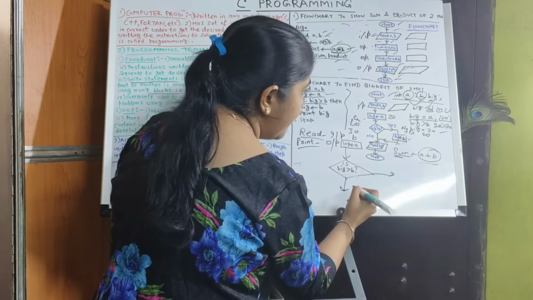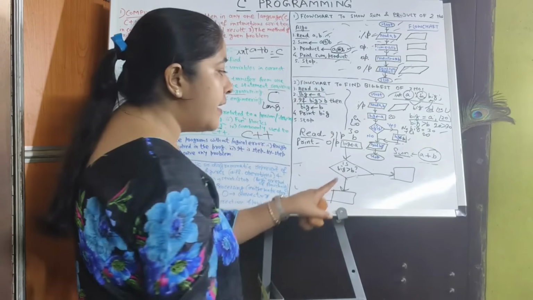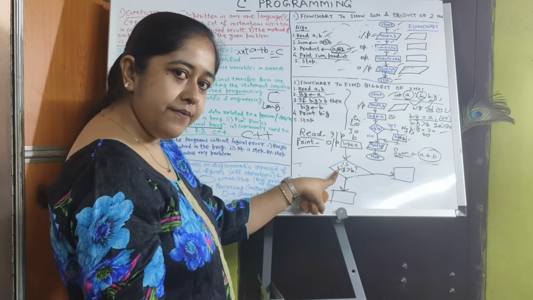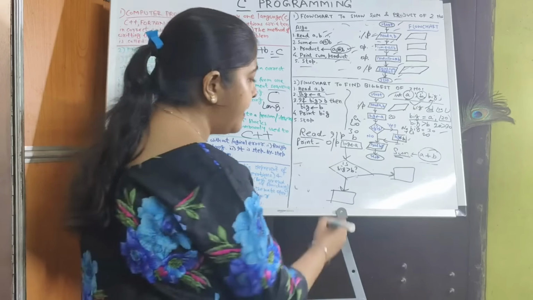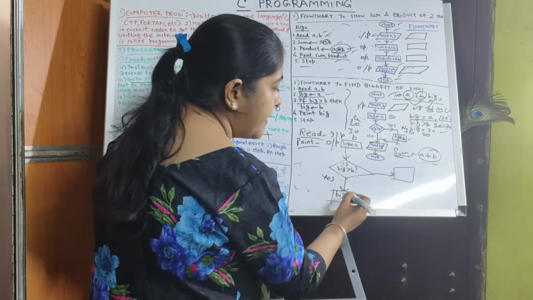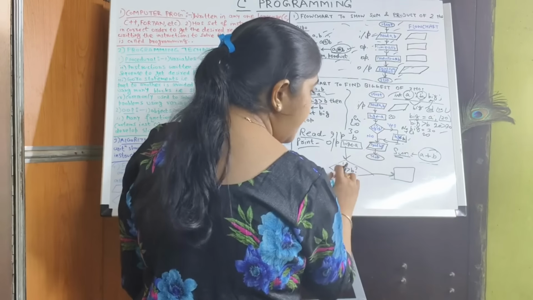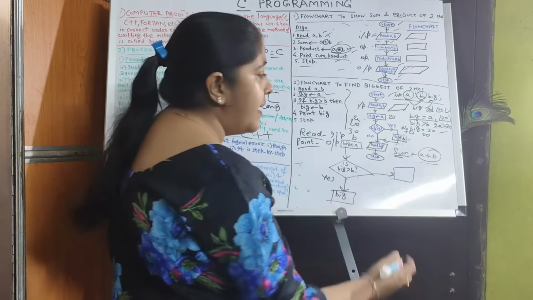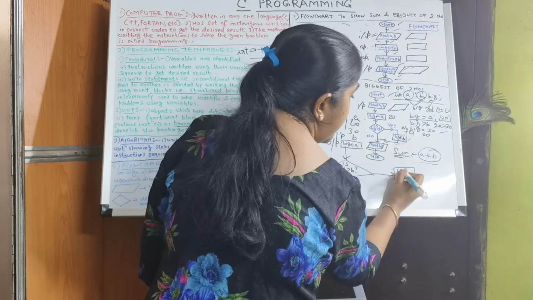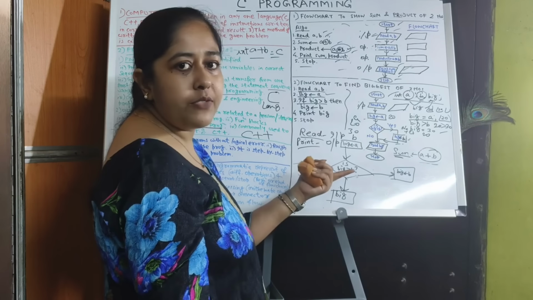Here and here. Now write like this. If big is greater, okay, then yes, then you will write here big. That is, whatever value is there in big, you will write here. But if B is greater, then you will assign big as B. If no, then what was there?